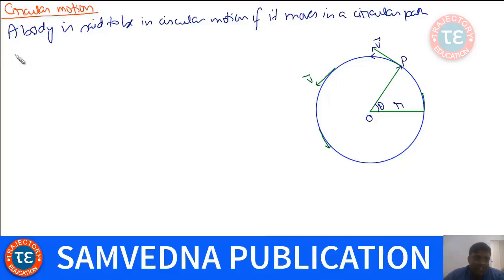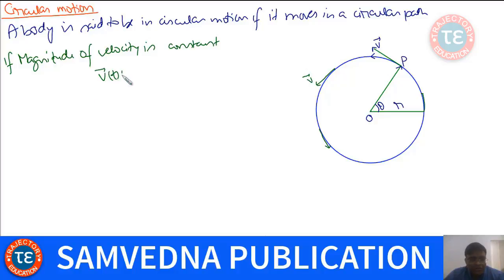The direction will always change, of course, but if the magnitude of velocity is constant, let's write it as V, then we call it uniform circular motion.